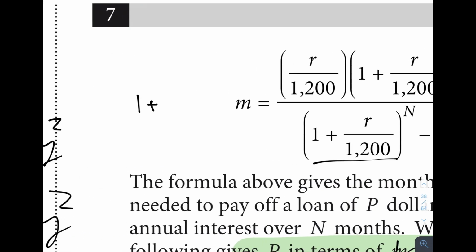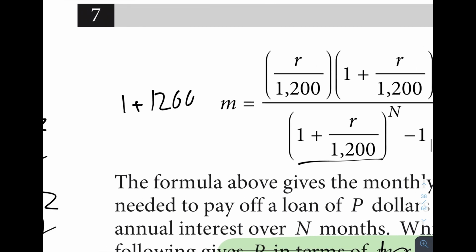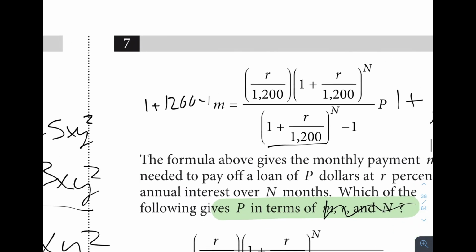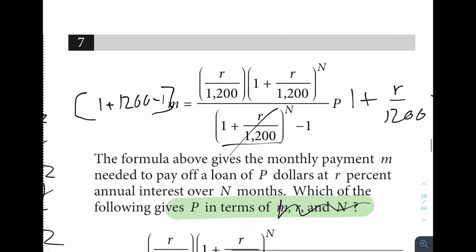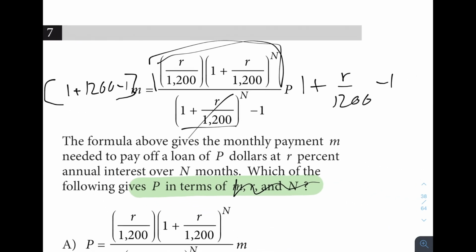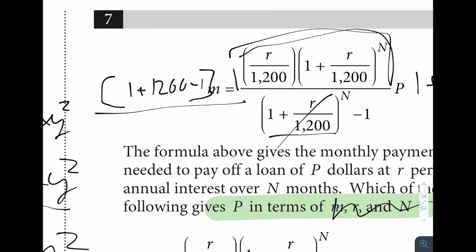1 plus r over 1200 minus 1. So we can do that, and then this will cancel out. Then to get rid of these, we'll have to divide by both of these. These two will divide. So just divide it out here because they're on the top.